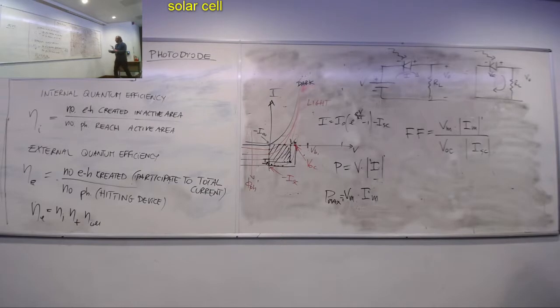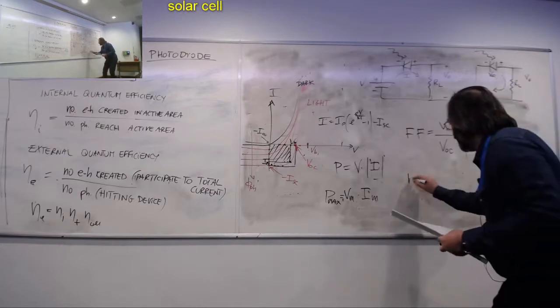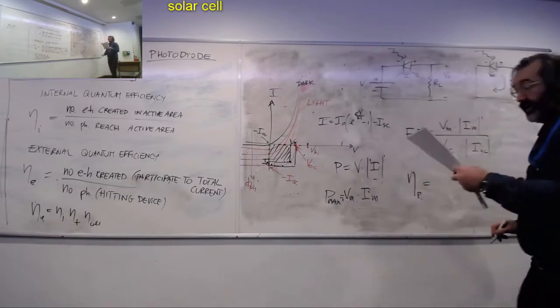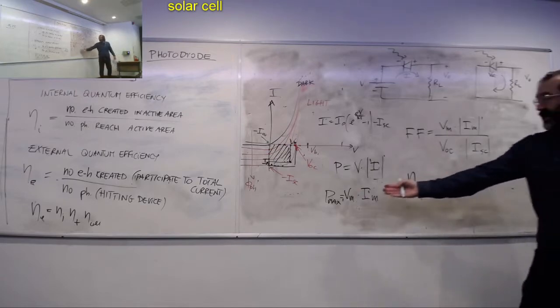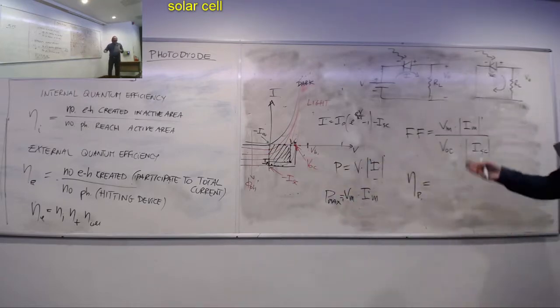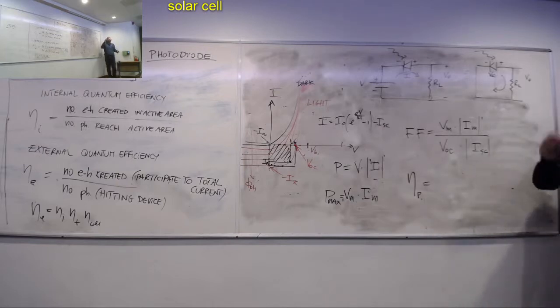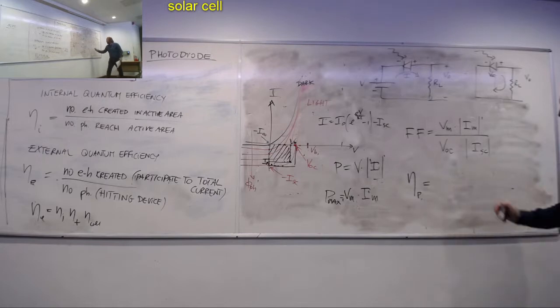Okay. So the other thing I can define is the power conversion efficiency, eta P, defined as the maximum power output divided by the power of the solar input that is hitting the device.